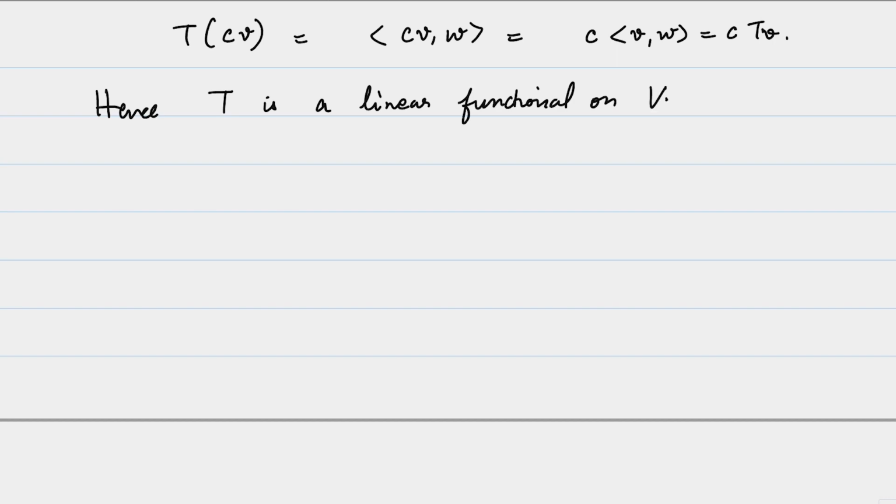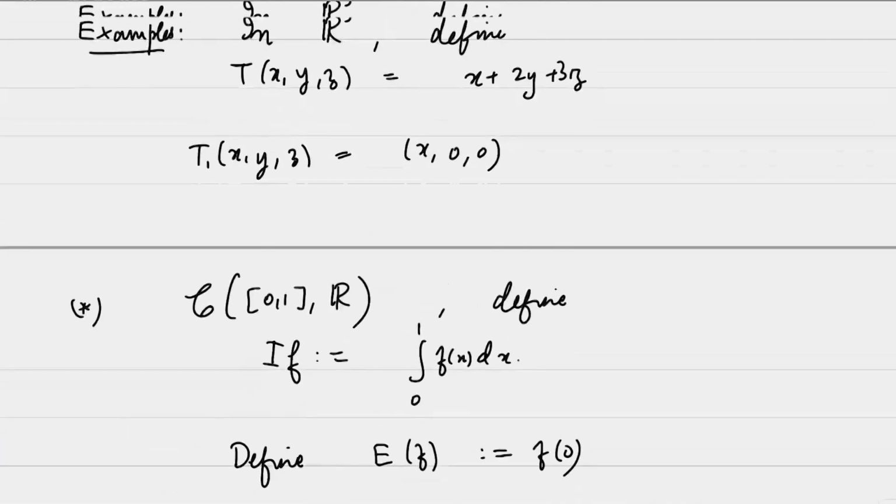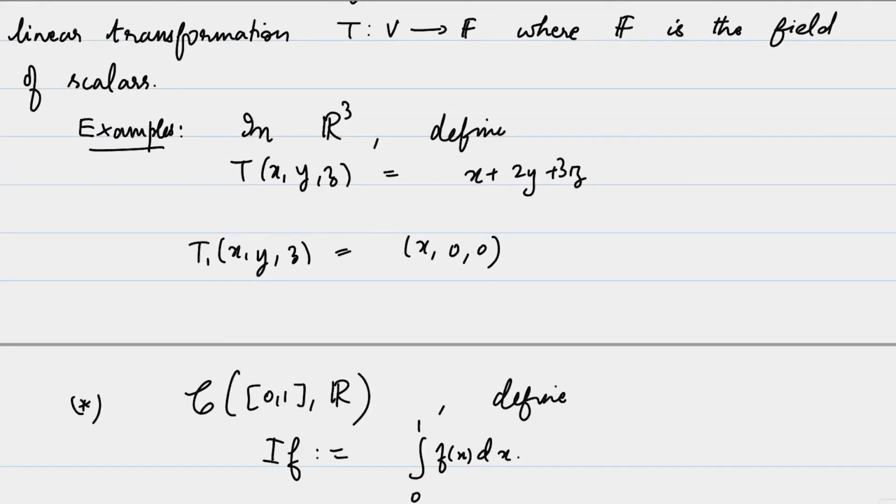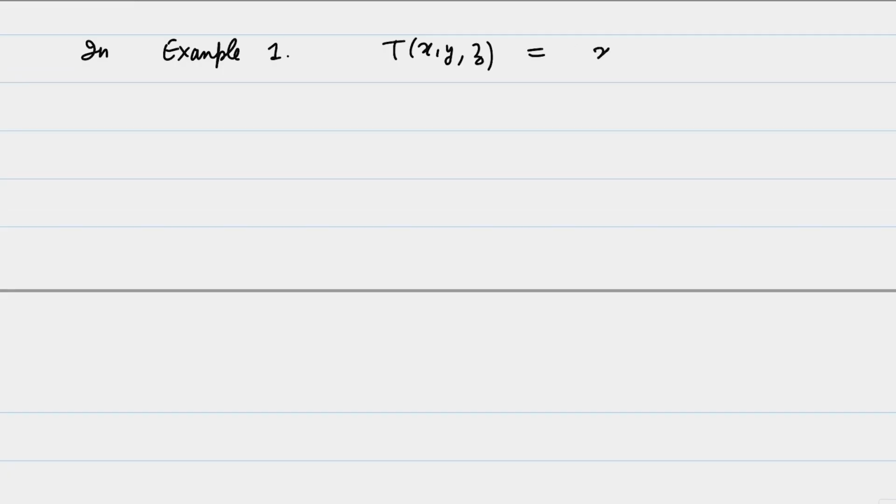If you slowly go back to the examples we were looking at, for example, say example 1. In example 1, what was our T? Our T of (x, y, z) was x plus 2y plus 3z, the first example that came to my head. And if we treat R3 as an inner product space, this is nothing but the inner product of (x, y, z) with (1, 2, 3).